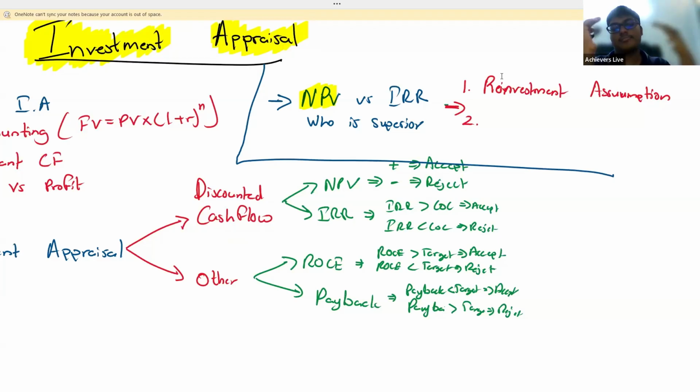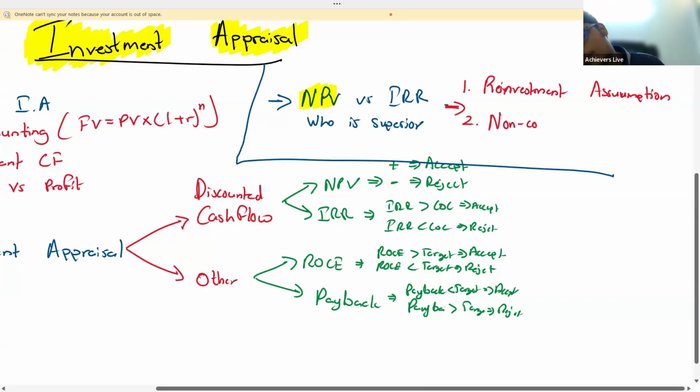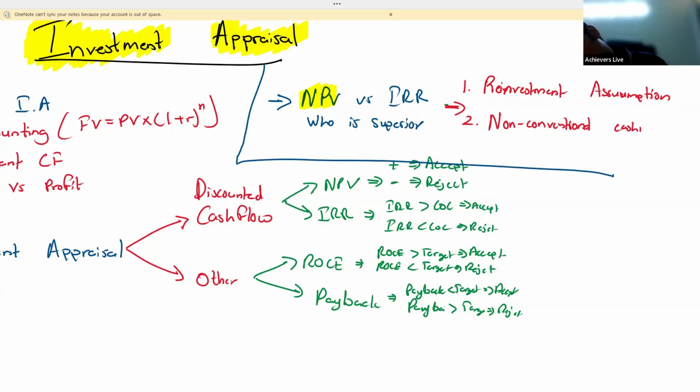Quick, respond. First is reinvestment, second one? Non-conventional. Okay. So you should be able to explain this in your answer.